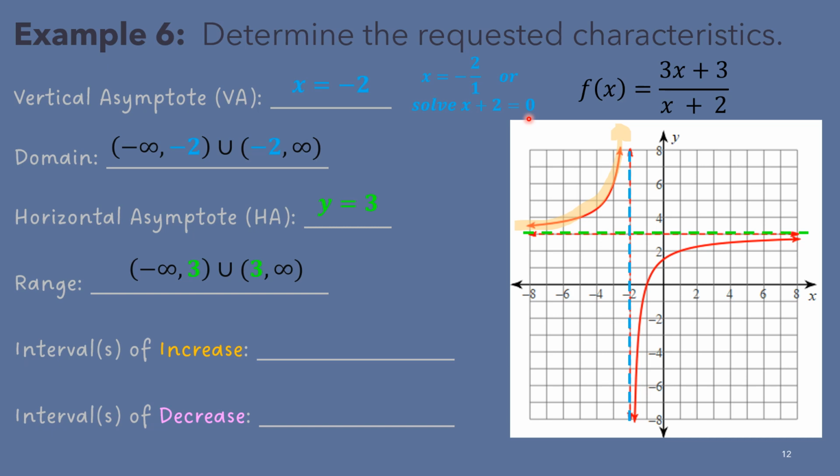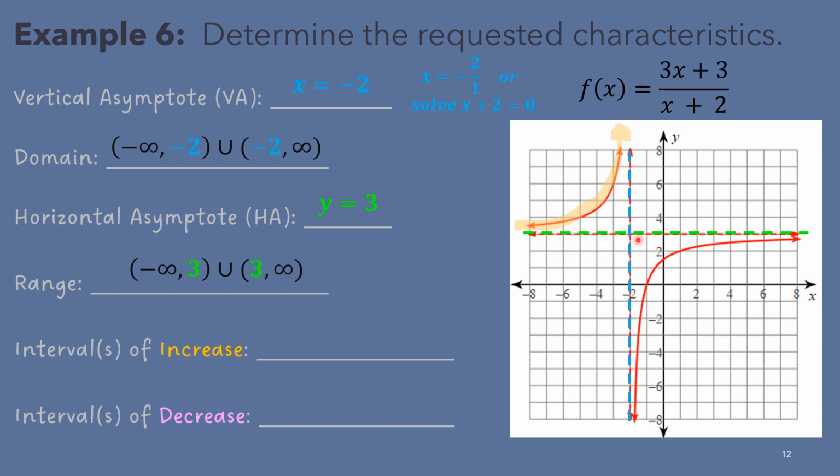Now we did already see that little thing highlight that section. That is an interval of increase. The function from negative infinity to -2, we've got to know the domain and that vertical asymptote to help us with intervals of increase and decrease. So from negative infinity to -2, that function is increasing.